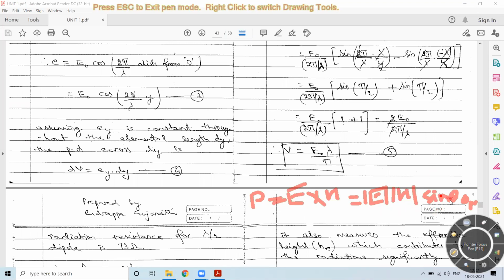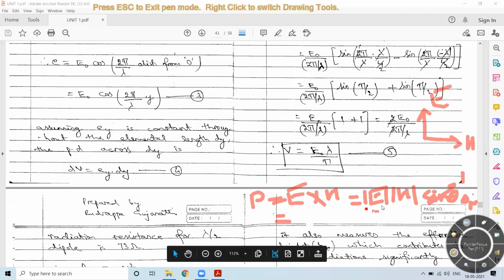Now, I know that the theta value between E and H is always 90 degrees. If E is in this direction, then H will be at 90 degrees with respect to that. So when that is the case, sine theta tends to 1.